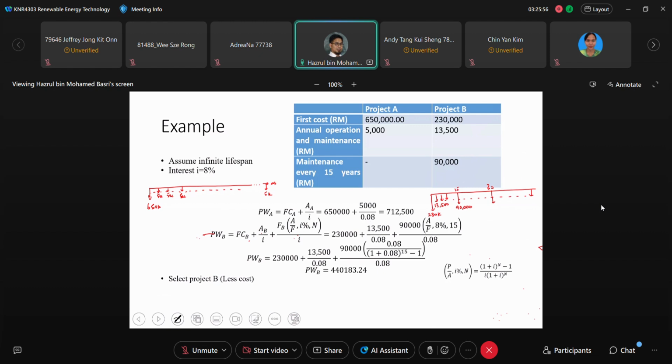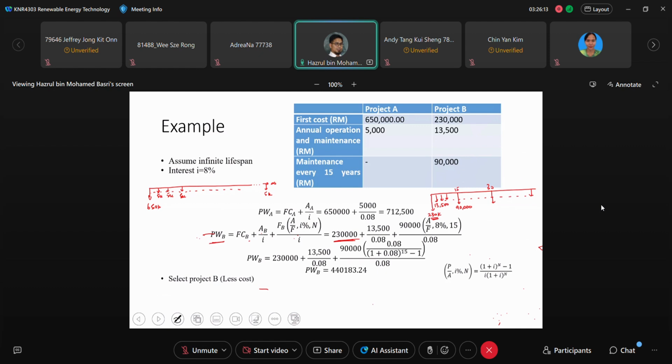Okay, let's calculate the present worth value for project B. For project B, initially you already spent 230,000, so 230,000 already appears here. The annuity, we calculated this one already.